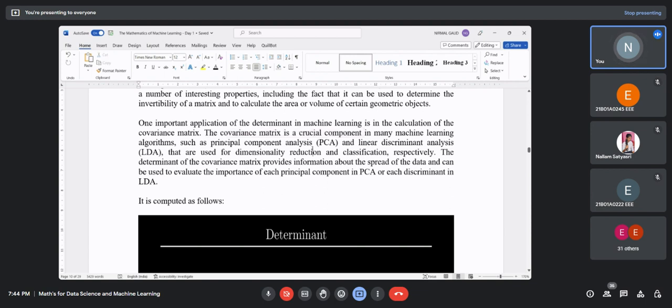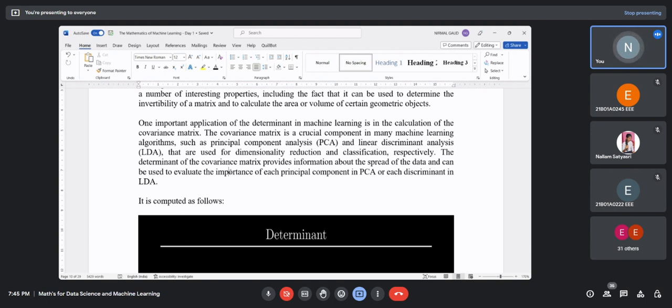Because the covariance matrix is a crucial component in algorithms such as principal component analysis, PCA, and linear discriminant analysis, LDA. PCA and LDA are algorithms usually used in unsupervised machine learning. There are steps for calculating a covariance matrix, and the determinant is important there.